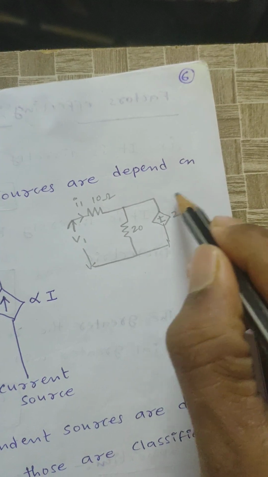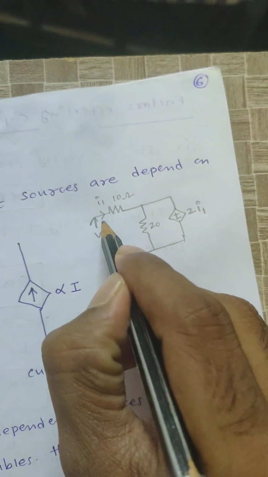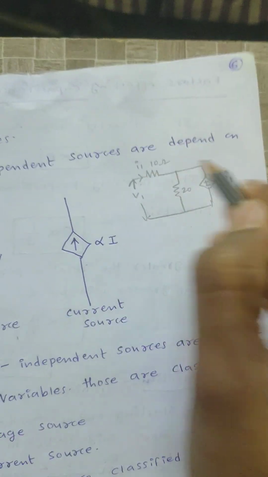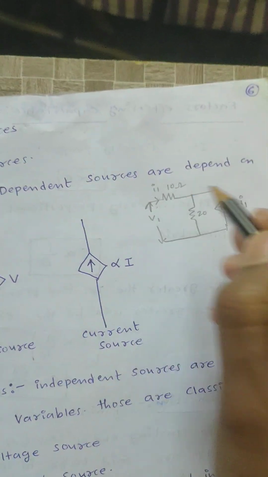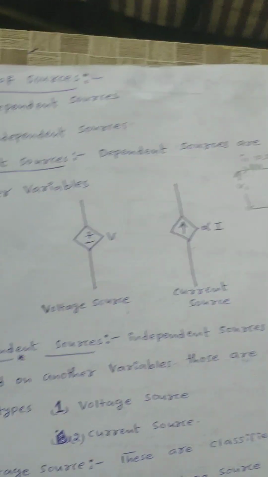This is the dependent voltage source. This dependent voltage source depends upon another variable, that is nothing but a dependent source. Here, this voltage source depends upon this current.